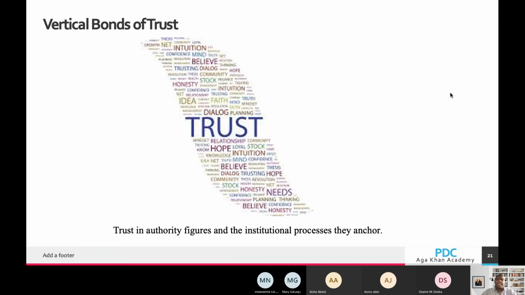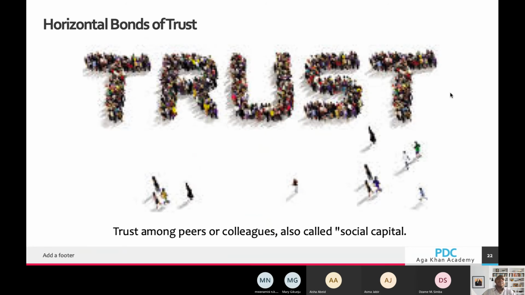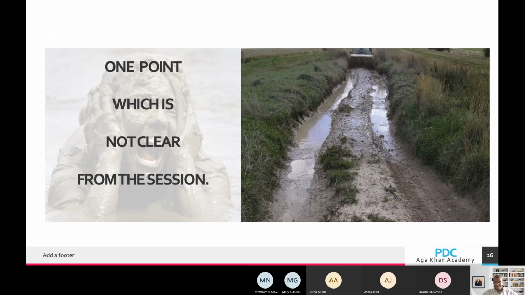That's how it's brought about. But when you talk about horizontal, is how you interact with the people. So the way you interact with people, then you have a social relationship. That is what we talk about the two. Is that a bit clear?